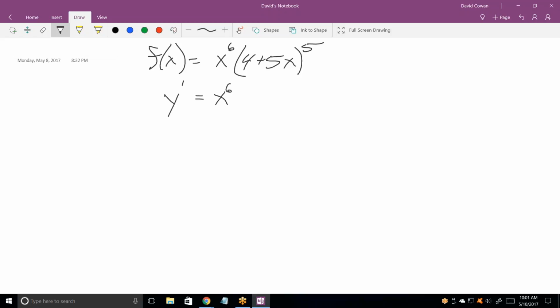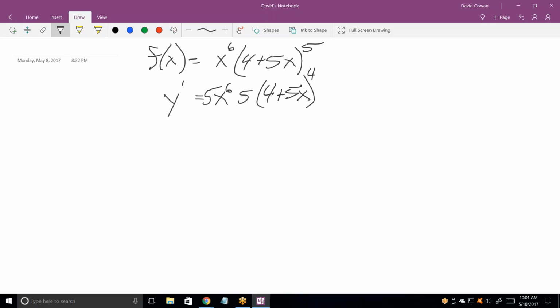Perfect. Now the next thing to do is to take the derivative of this second function, which is 5 times 4 plus 5x to the fourth, times 5. Correct. Got to apply the chain rule. So put that 5 out there for the moment.